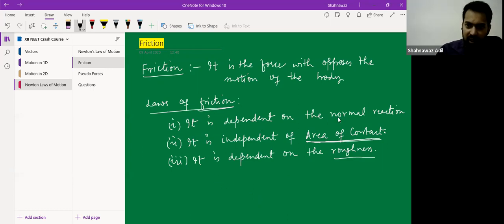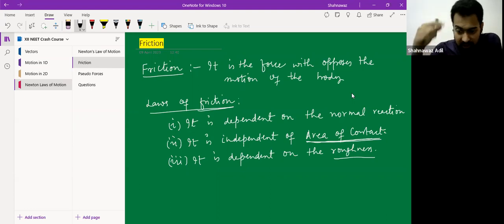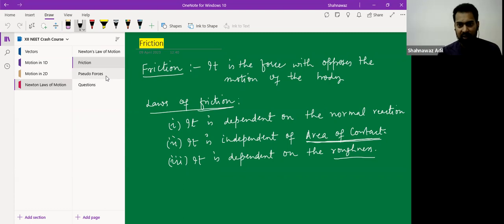So there are 2 kinds of friction. Okay, so I'm already out of time. And the next class will be on Saturday. So I will try to wrap up friction, pseudo force and the dynamics of circular motion in the next class. So please come up with doubts in the next class, and for the first 10 minutes I will take the doubts.